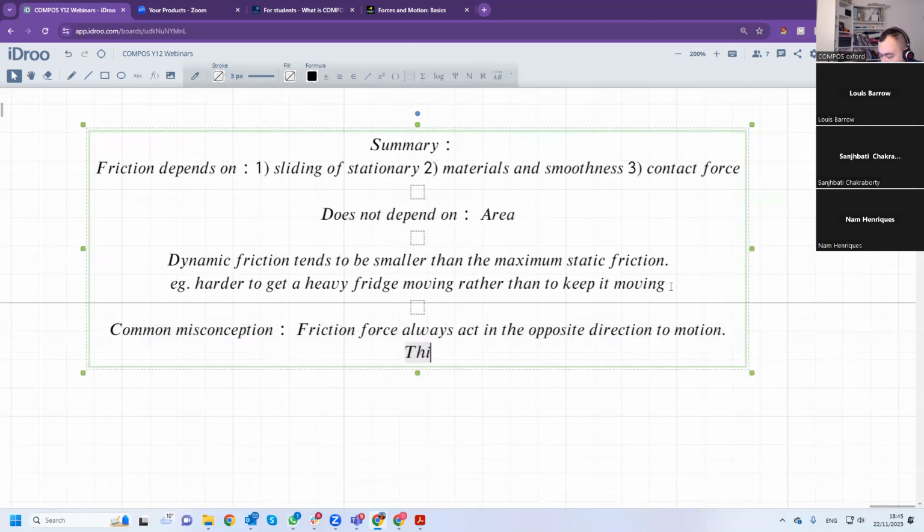This means it is not true. Can somebody give me an example where the friction force acts in the same direction as motion? Very good. Archie, yes, a car.